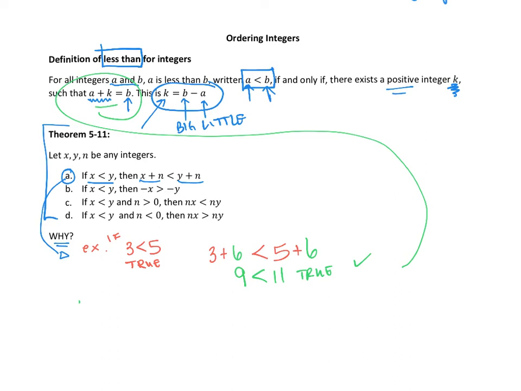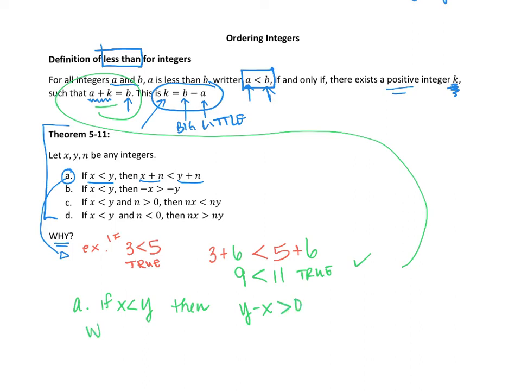So the justification for part A is that if we have that x is less than y, then we know that y minus x, so the big guy minus little guy, is positive. It's bigger than 0.